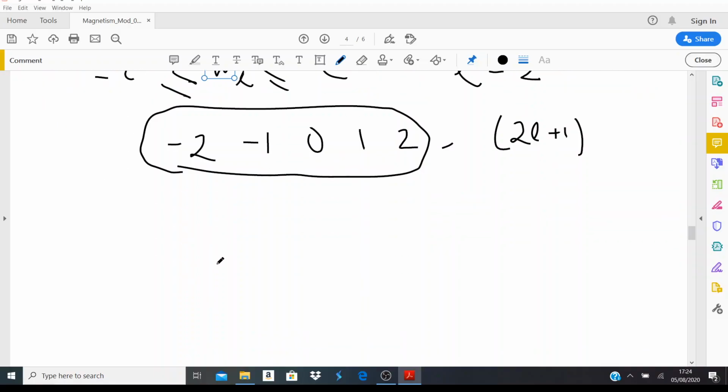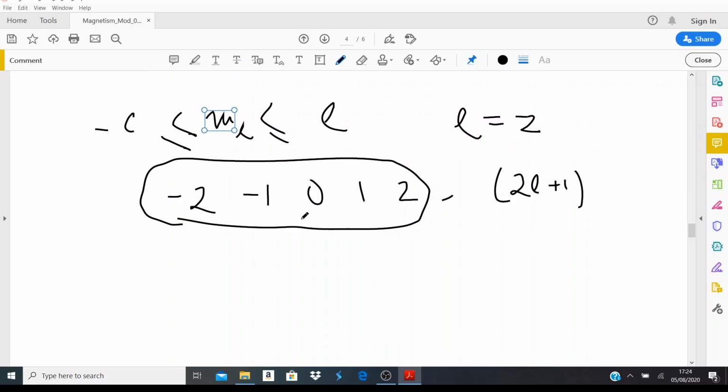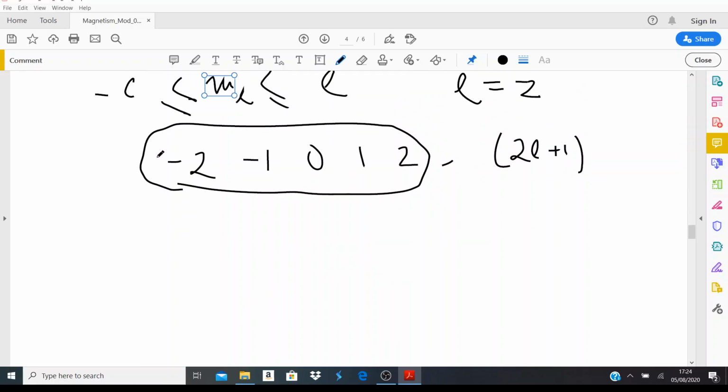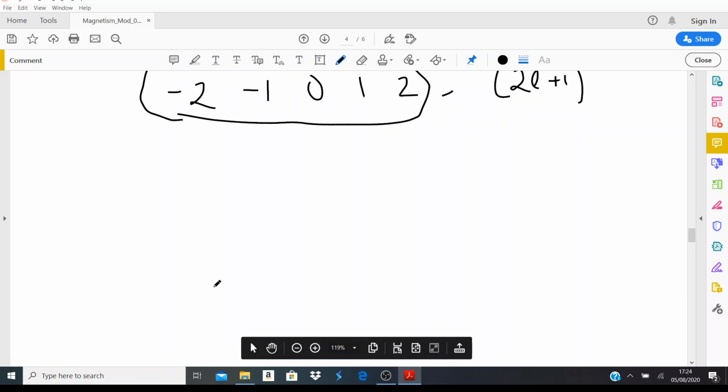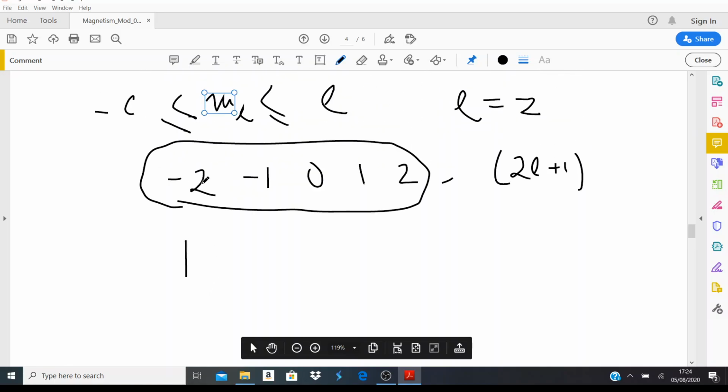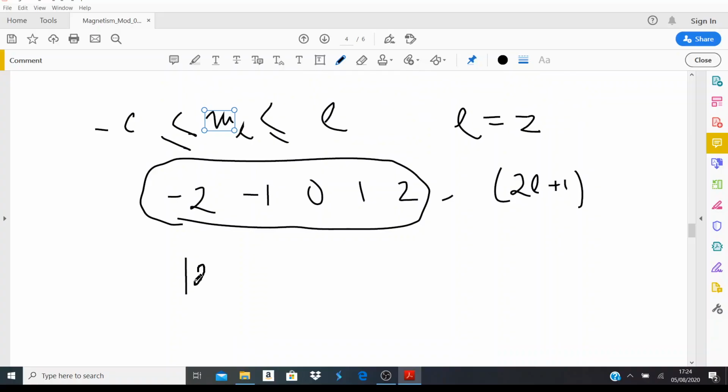Now the question to ask is, how do we write these states? For example, let's say we have 5 states, right? So let me write one on top of each other. So for every state here, the L is 2. So I'm writing L and ML, right? The ket notation.